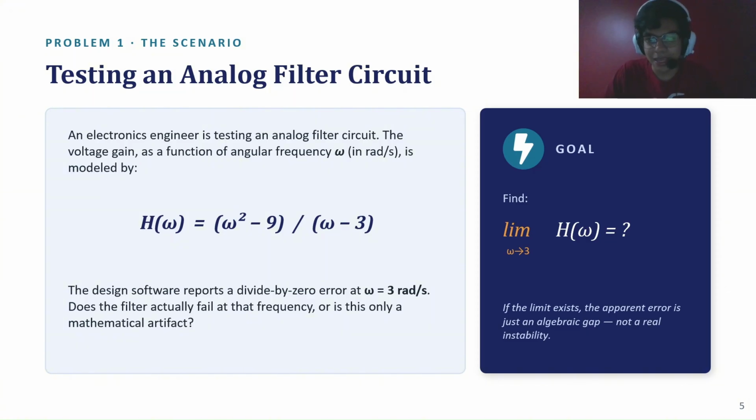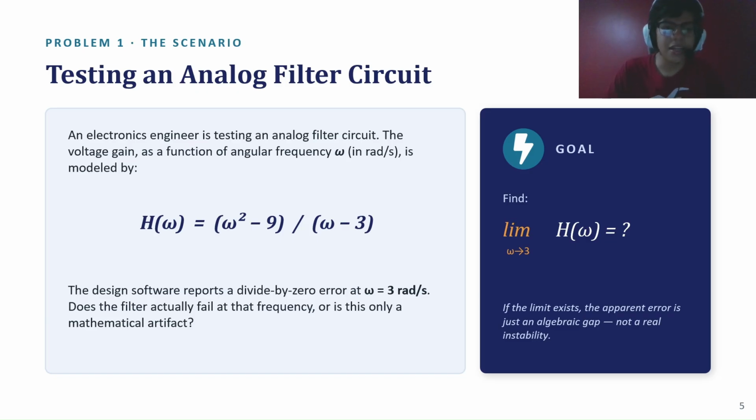Find the limit of H of w, equals what, as w approaches 3. If the limit exists, the error is just an algebraic gap, not a real instability.